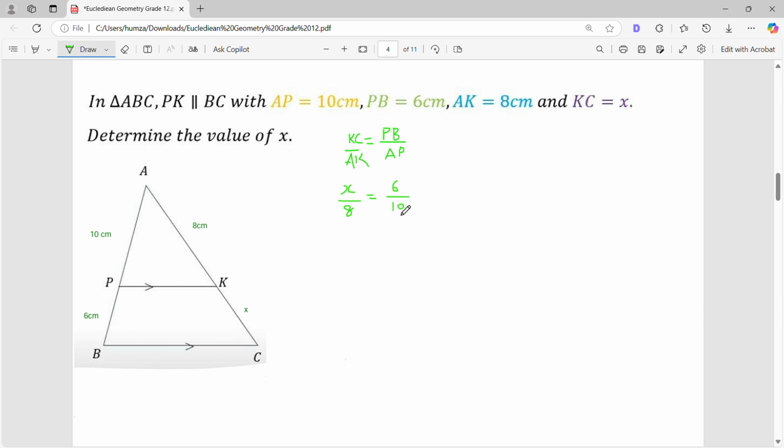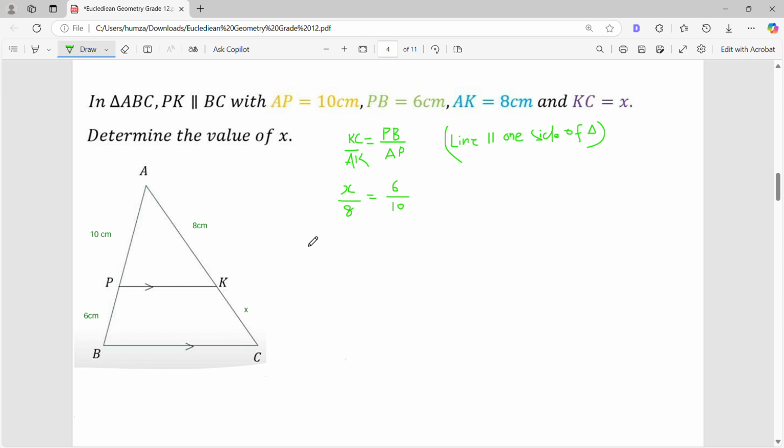It's important to write the reason why we said KC over AK is equal to PB over AP: because lines are parallel to one side of the triangle. So this is our reason.